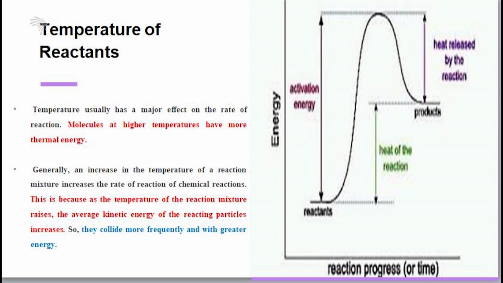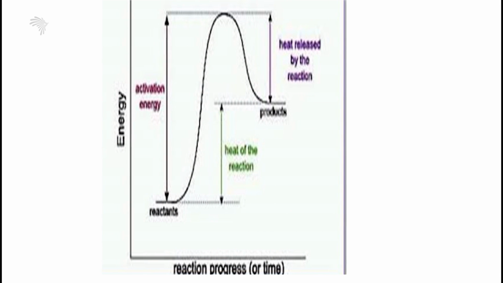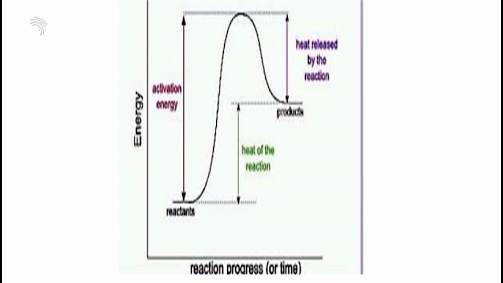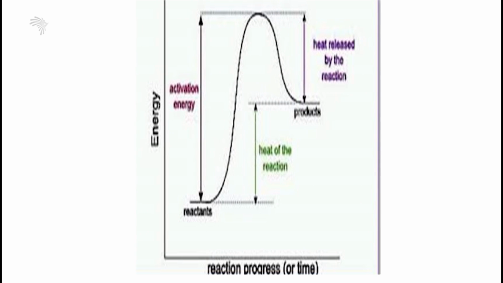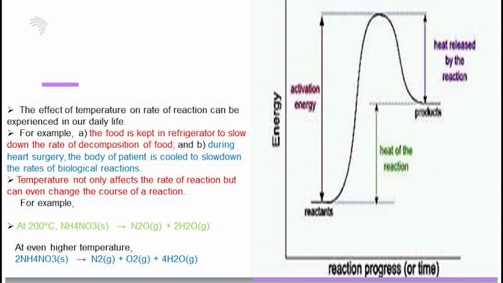So like concentration, temperature is directly proportional to the rate of chemical reaction, meaning when temperature increases, the rate of reaction increases, and when temperature decreases, the rate of reaction decreases. Therefore, temperature has a direct relationship with the rate of chemical reaction.